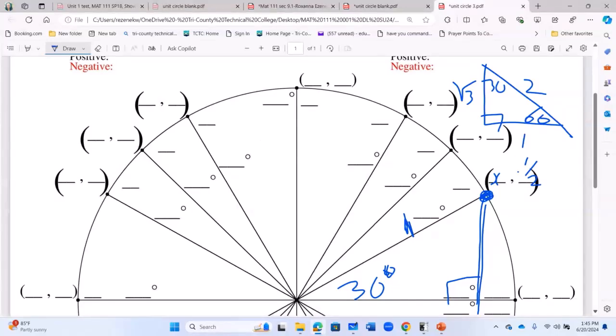And cosine of 30 is adjacent over hypotenuse, and that is √3 over 2.